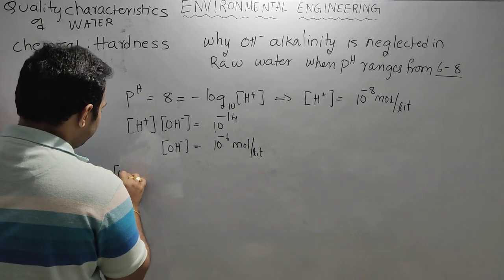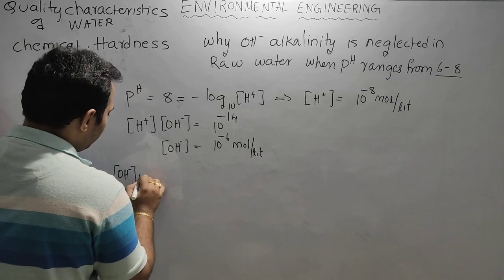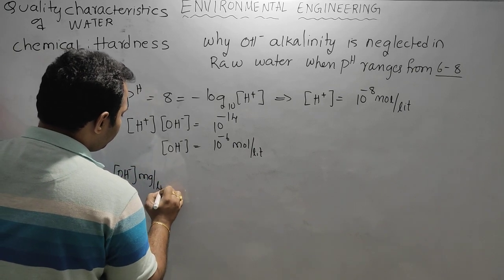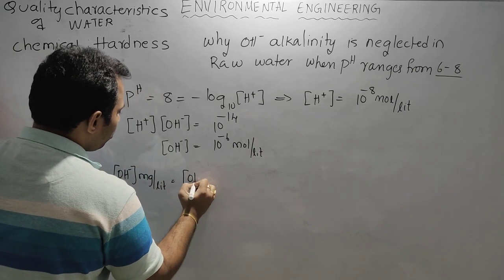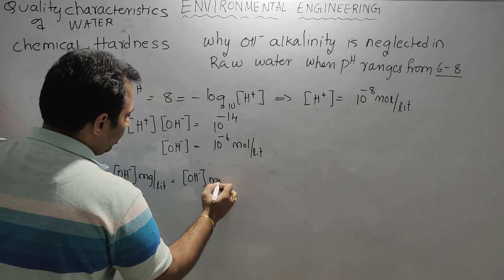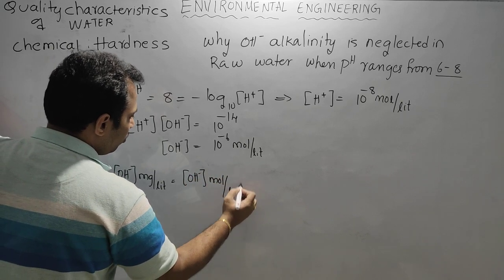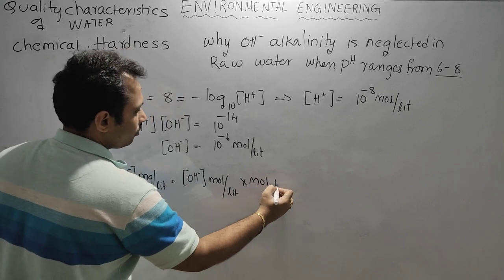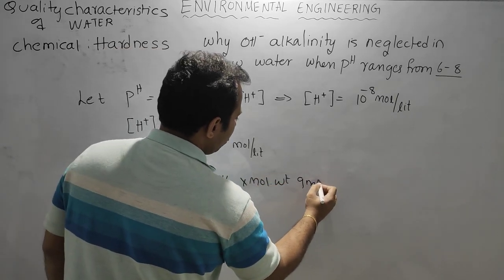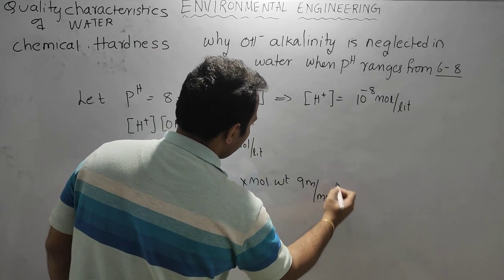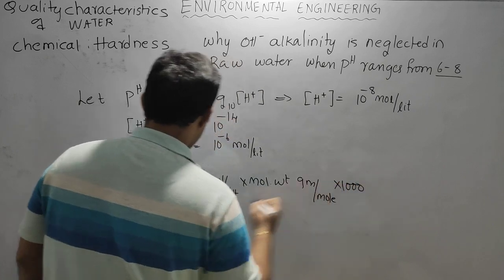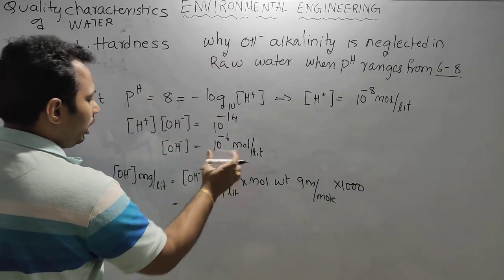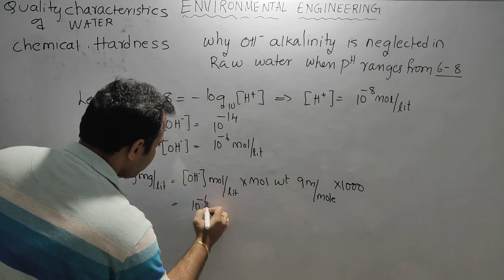So OH minus concentration in mg per liter is equal to OH minus concentration in mole per liter into molecular weight in gram per mole into 1000, right?